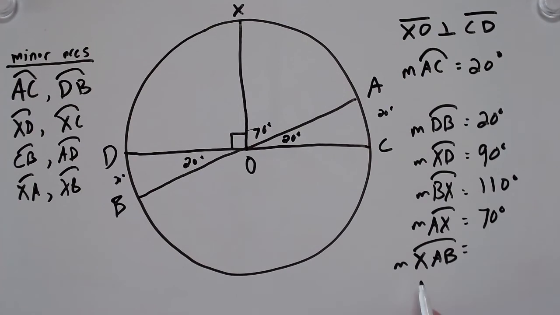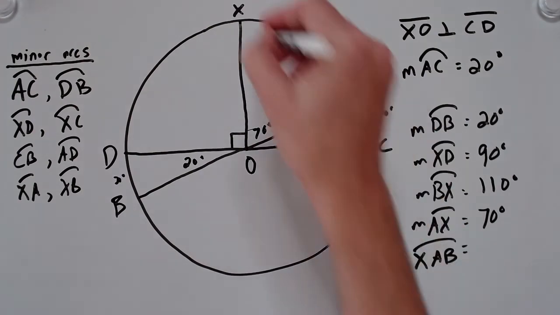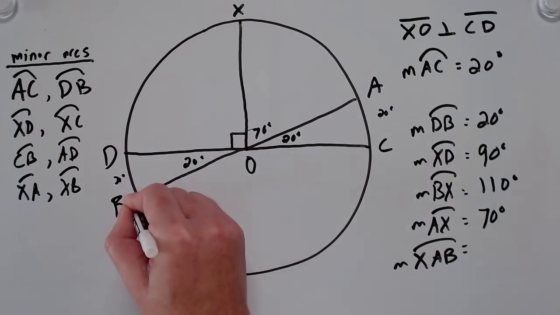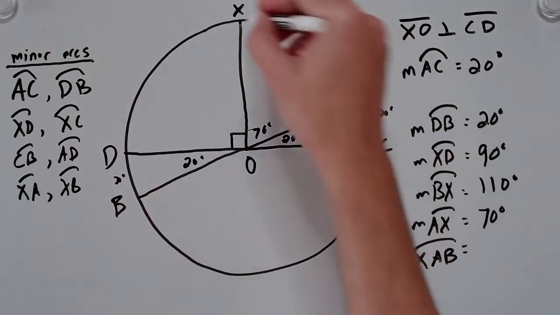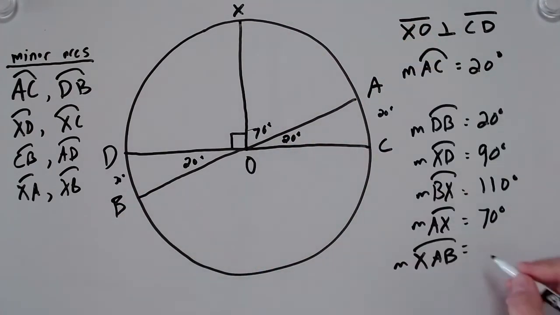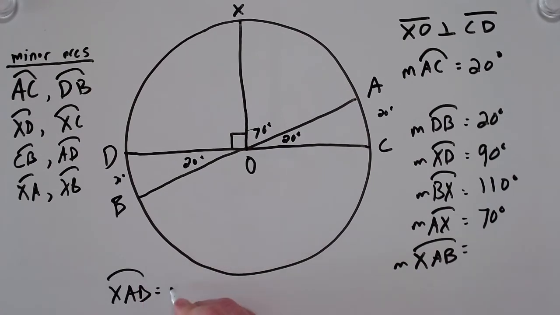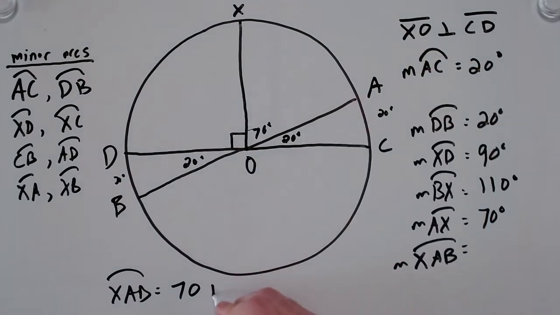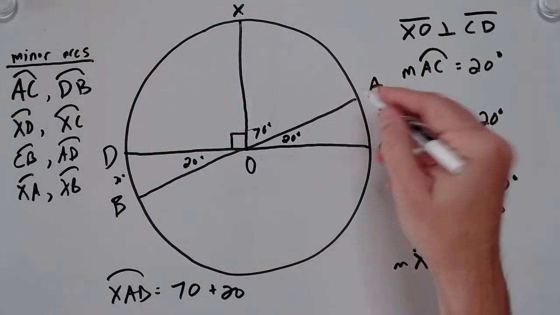70 degrees. And XAB. So from X to A all the way over to B. Well, let's just add that up. X to A is 70, right? And so let's just write this down. We'll do it down here because I got a little bit of room. XAB arc is 70, which is this one. A to C is 20.